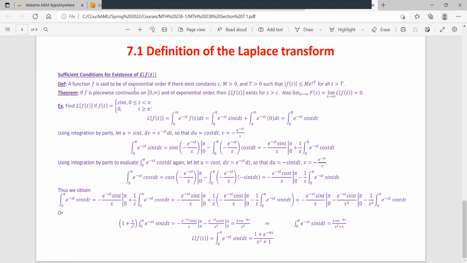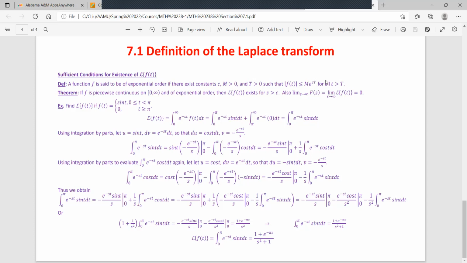A function f is said to be of exponential order if there exist constants c and m, where m is positive and c can be any real number, and some other number capital T, also positive, such that the absolute value of f is less than or equal to m times e to the c times t.